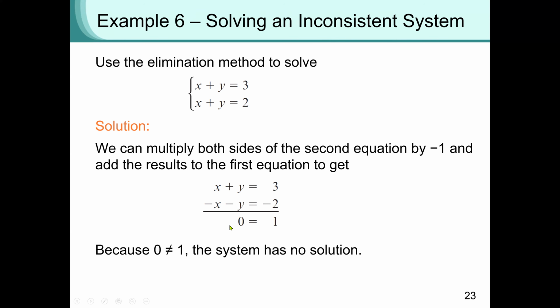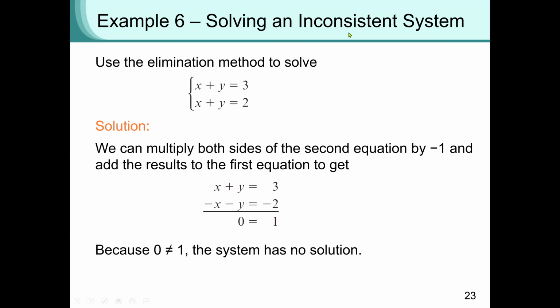Again, previously we have 0 equal to 0, which means the system has many solutions. A unique solution means we have one value for x, one value for y. If we plot the two lines of the equations of the system of linear equations, we will get only one intersection, which is a unique solution. Many solutions means the two equations are the same, so we get the straight line on each other, they coincide.